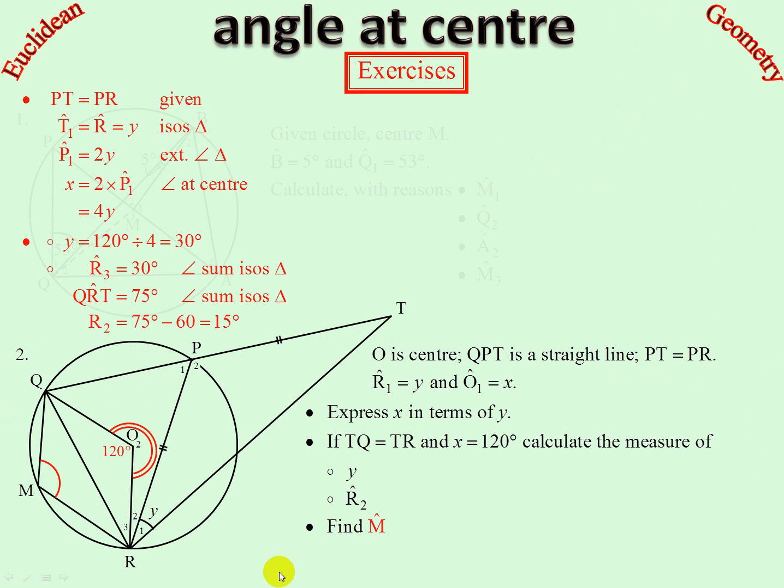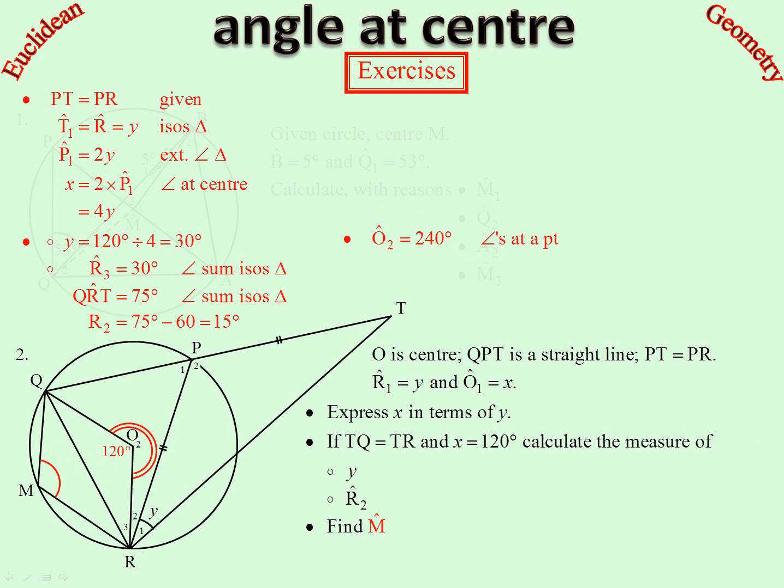Right, find M. Well, M, that curve, goes with that arc. So if I can find O2 there, I have M. Well, O2 I can find because of angles round a point.